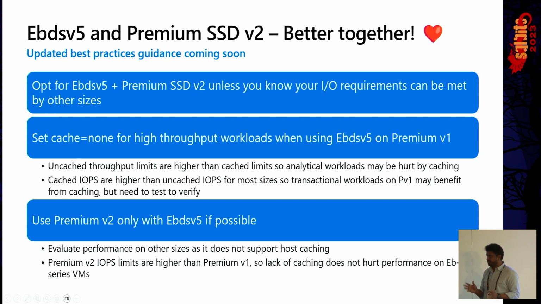Ebdsv5 VMs are one of the best VMs that we have introduced in Azure. And when in doubt, please choose storage as Premium SSD V2. Because Premium SSD V2s are one of the best storage options that came out, where you can dynamically scale your IOPS whenever you want to.